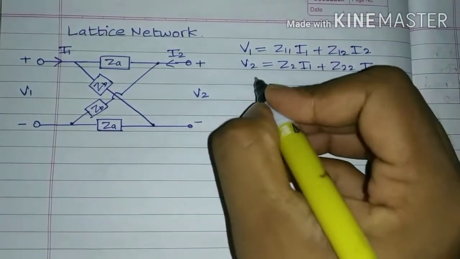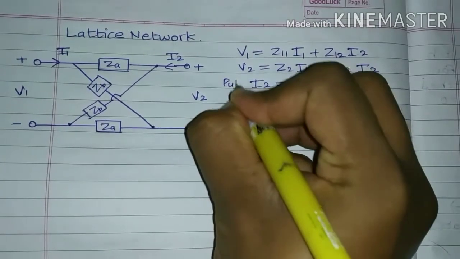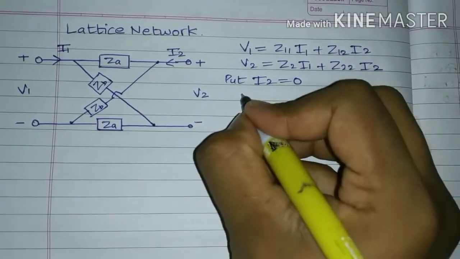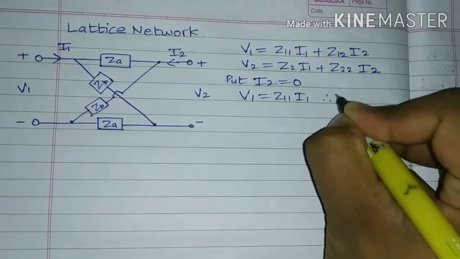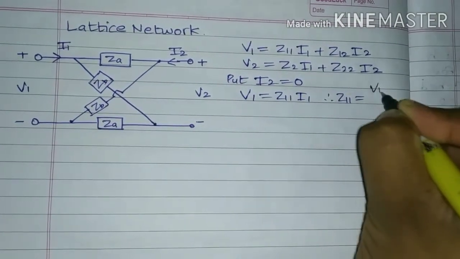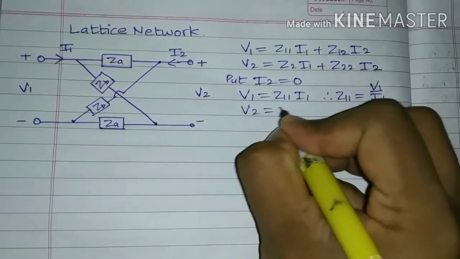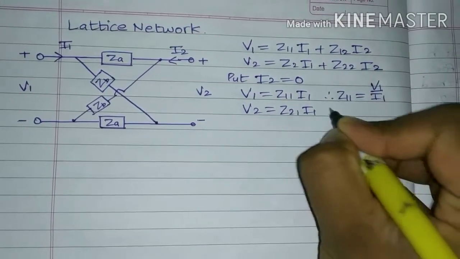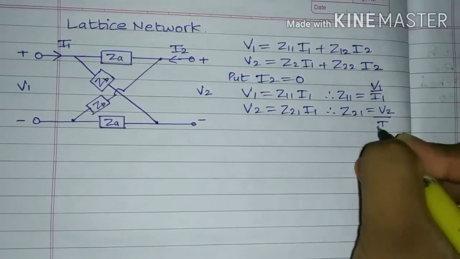Now if I put I2, the current entering terminal 2, equal to 0, then we get V1 is equal to Z11 I1 and hence Z11 will be equal to V1 upon I1. Similarly, V2 is equal to Z21 I1. Therefore, Z21 will be equal to V2 upon I1.